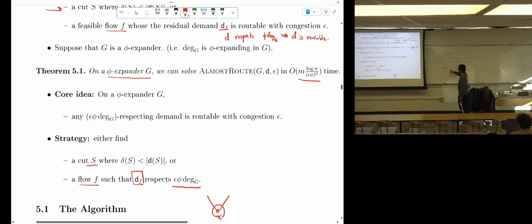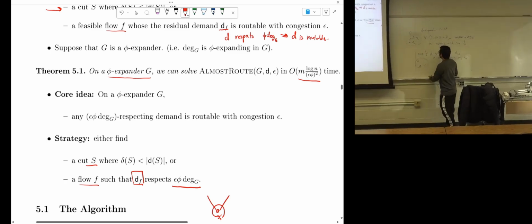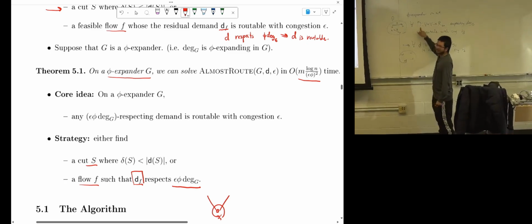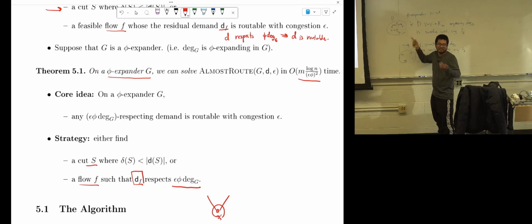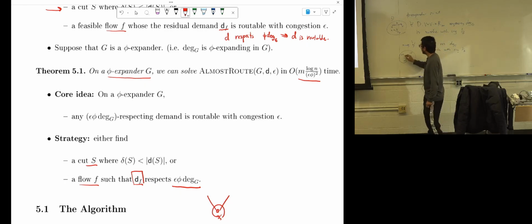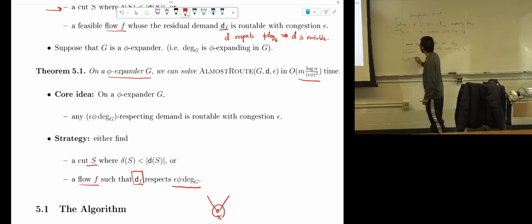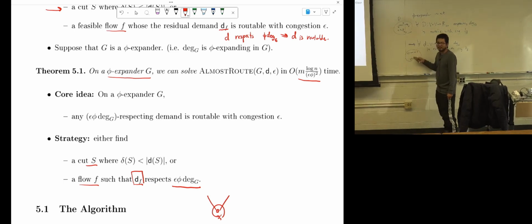Because given this demand, you can define a pair of demands such that you can define this kind of demand, for example. If you want to route it this way, you can route it. If you want to route it even in this way, you can route it too.